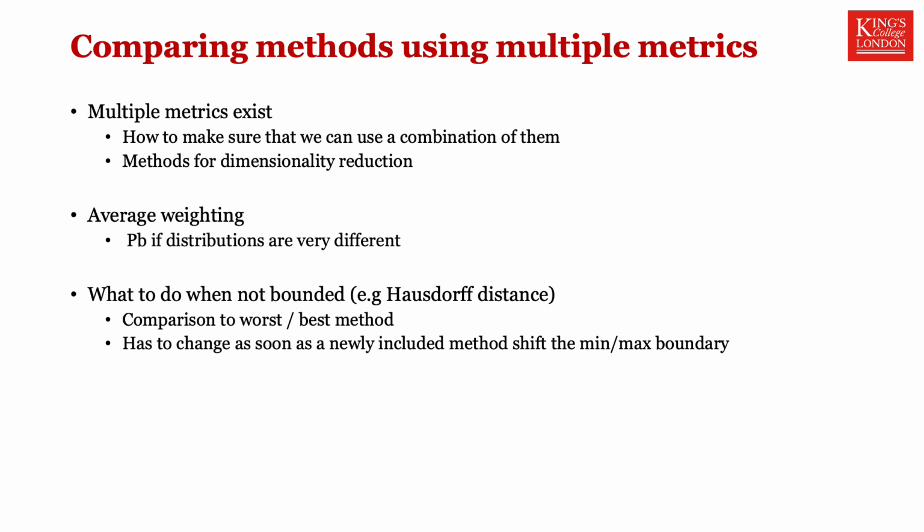Because even if you have a significant increase in Dice, it may have absolutely no incidence on the clinical outcome, on the way the biomarker or what you are producing would be used clinically. And sometimes people may prefer to be a tiny bit lower in terms of Dice, but be able to perform in 5 seconds instead of 8 hours. So you need to think of all that, and everything goes together basically.